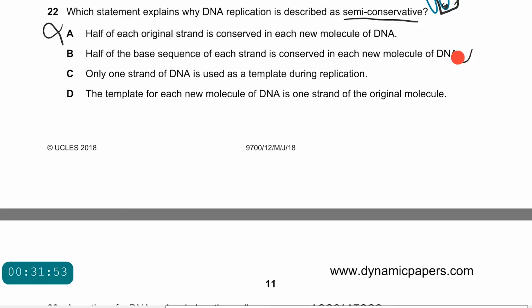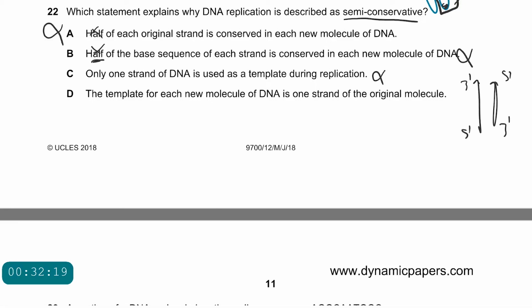This is also incorrect because no half strands are conserved. C. Only one strand of DNA is used as a template during replication. This is incorrect because both strands are used, the one lying from 3' to 5' and the one from 5' to 3'. D. The template for each new molecule of DNA is one strand of the original molecule. That is correct.